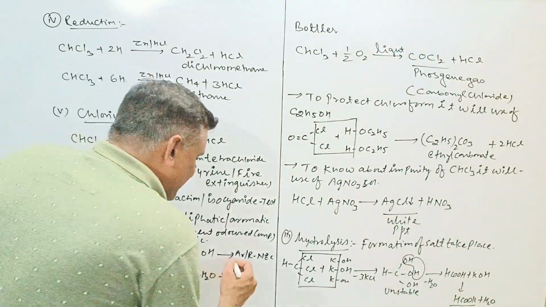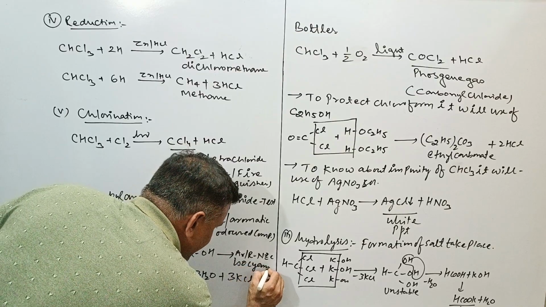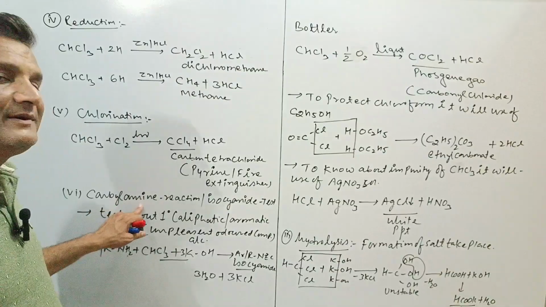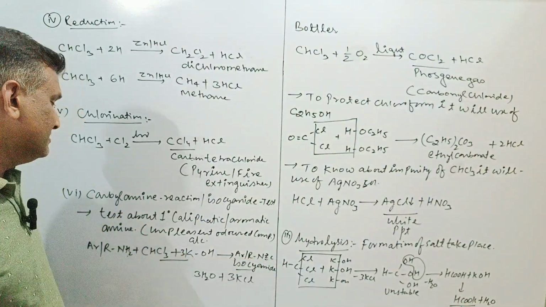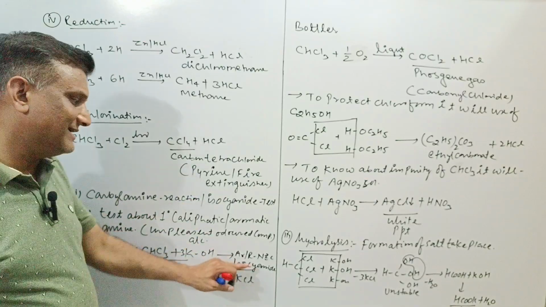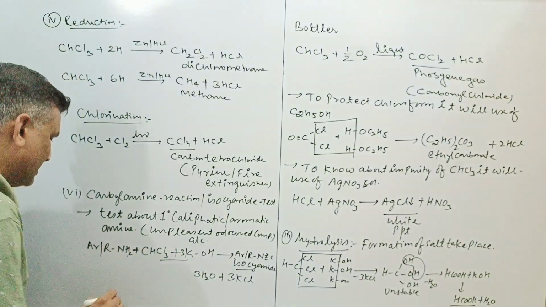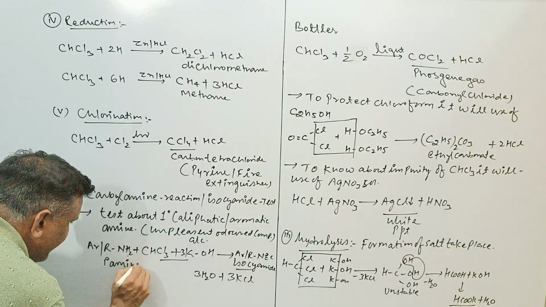So this is the alkyl or aryl isocyanide, and in common system isocyanide is also called carbylamine. That's why this is aryl carbylamine and alkyl carbylamine. That's why it is called the carbylamine test also. And due to formation of isocyanide, it is also called the isocyanide test. It is used to distinguish 1 degree aliphatic or aromatic amine.